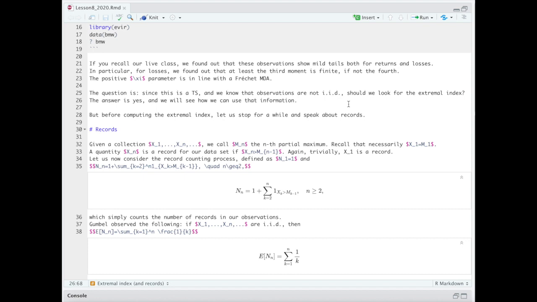But in order to understand if we can estimate the extremal index, what we have to verify is that our time series is a time series for which we can assume the D conditions to hold. Now, there are many ways in which we can do this. Some are more advanced, some are a little bit less advanced.